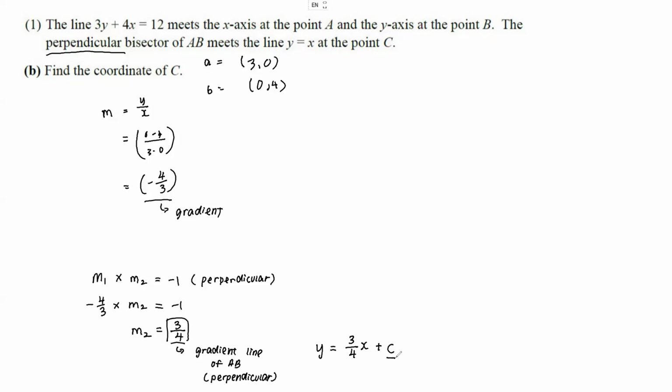To find c, we can use the midpoint of these two coordinates. The midpoint will be (1.5, 2).